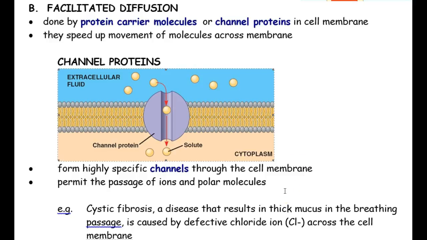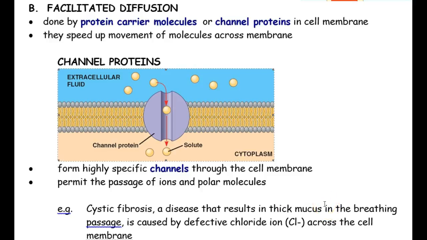Sometimes there are problems with facilitated diffusion. I don't want to go into the details of why that can happen, but to sum it up in general terms, take cystic fibrosis, if you're familiar with it. It's a really debilitating condition where you end up with a lot of mucus in your lungs, so you're constantly trying to clear them.